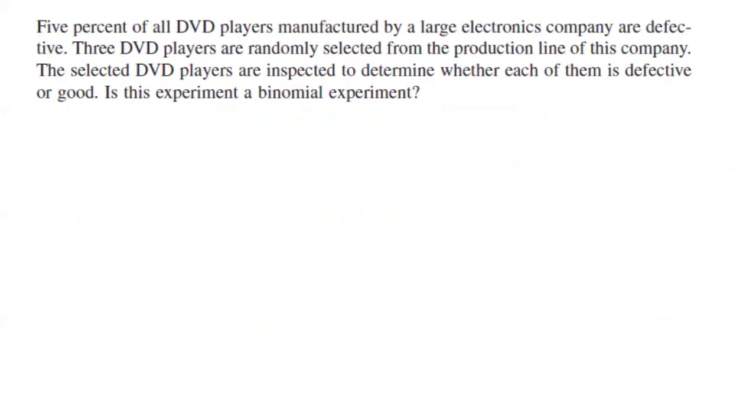Okay, let's see the next example. 5% of all DVD players manufactured by a large electronics company are defective. 3 DVD players are randomly selected from the production line of this company. The selected DVD players are inspected to determine whether each of them is defective or good. Is this experiment a binomial experiment? Okay, again, let's check for conditions. 1.